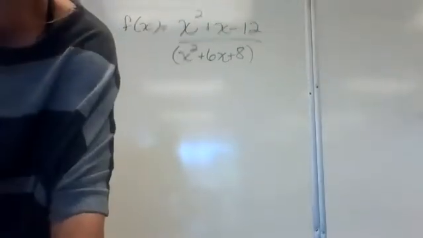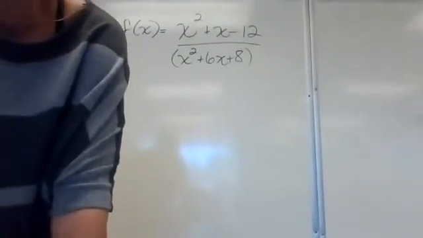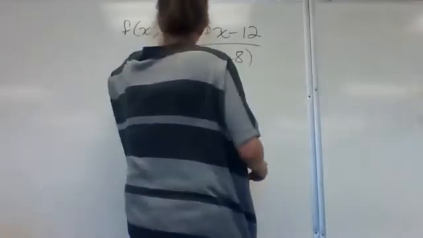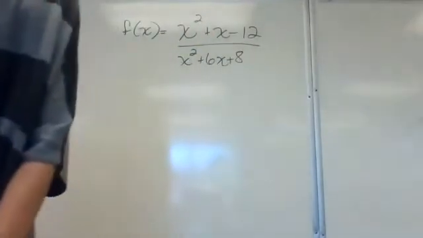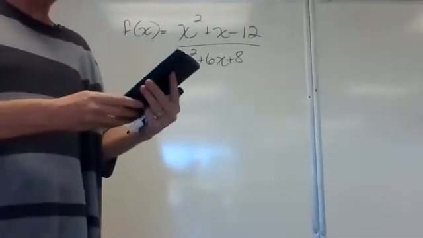They're both quadratics, right? I'm going to find the zeros in the top and the bottom by using the quadratic formula.